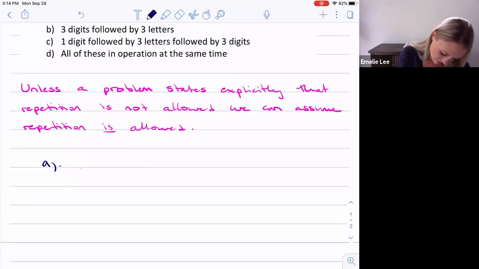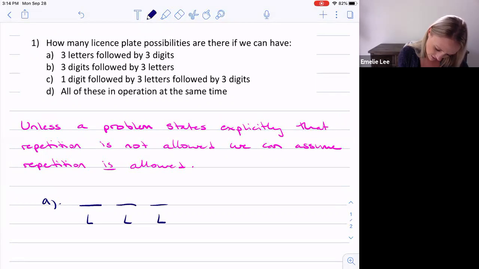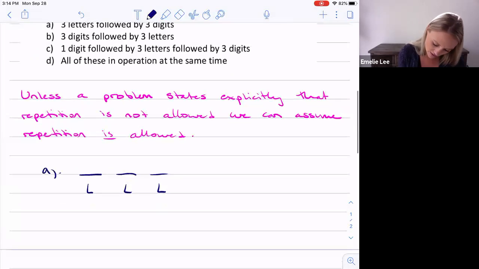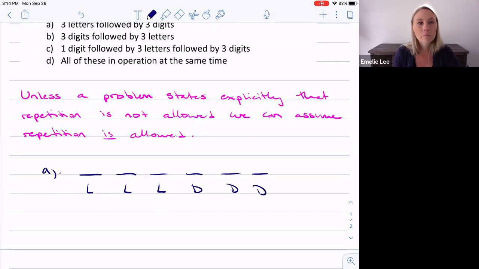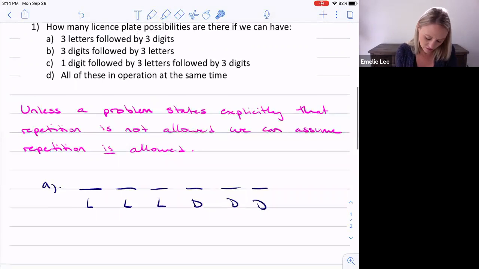So what we have is we can make slots. If we want to make a license plate, then we're going to have a letter, a letter, a letter, followed by 3 digits: digit, digit, digit. So this is how you're going to approach things if repetition is allowed. Typically, and we'll see some examples where it's not quite true, we might have to multiply these and add them to these guys multiplied.